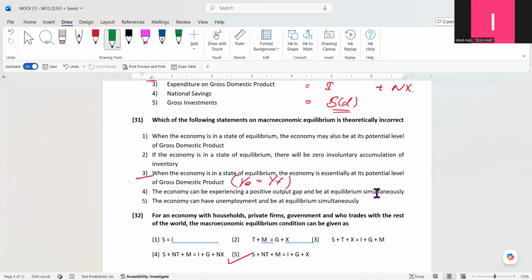That's wrong, because the statement is saying YE, the equilibrium level of national income, and the full employment level of national income or output are always the same. That is not true. Sometimes those values can be the same. Sometimes the equilibrium level of national income, that is the actual output of the economy, could be higher or lower than the potential. That's why that statement is wrong.